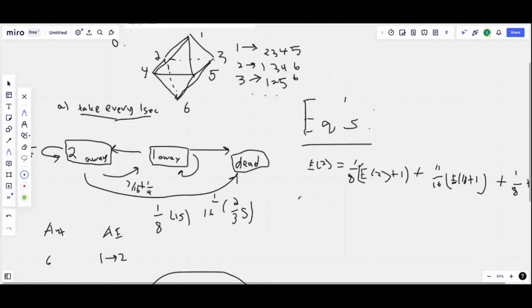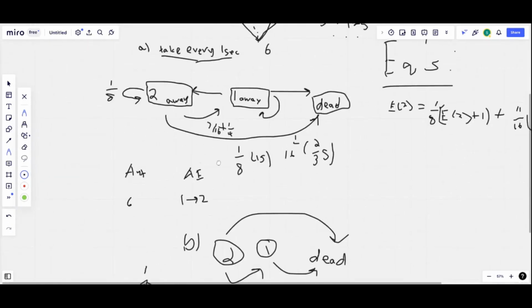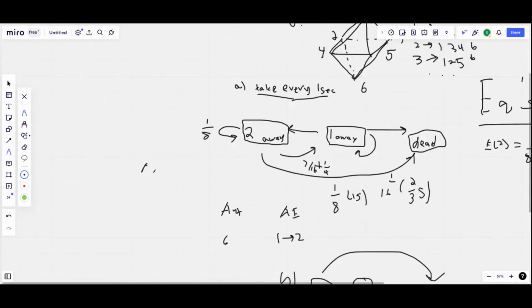So now we tackle the case where it's 1 away. Let's say the ant is on 1 and the anteater is on 2. And obviously the anteater is going to have to go to 1, since that's the closest path. If the ant returns to 1, which is a 1/4 chance, then it'll be dead, and it takes 1 second to die.